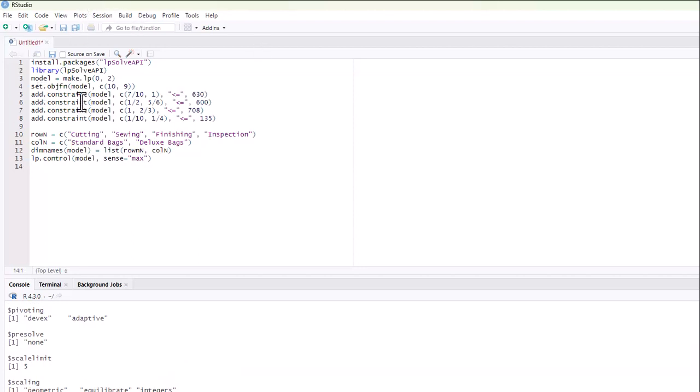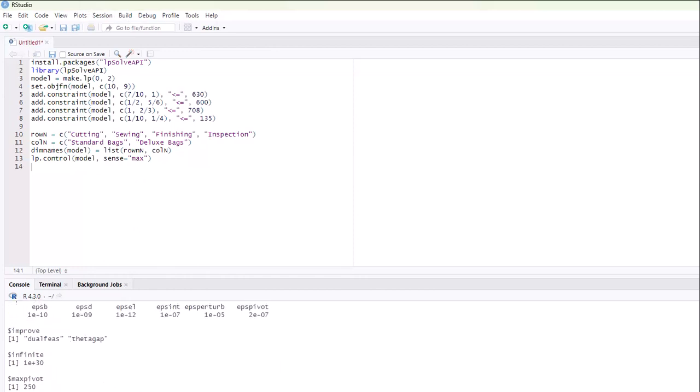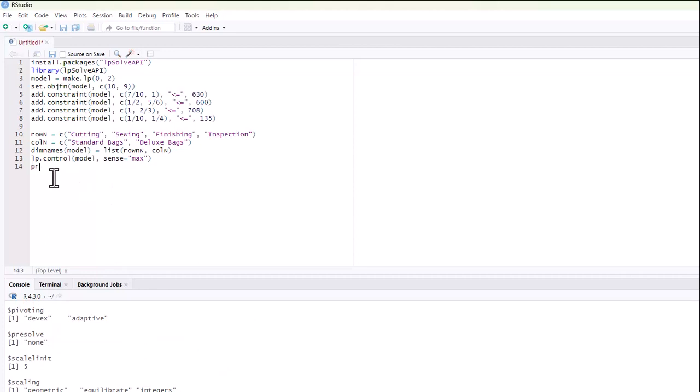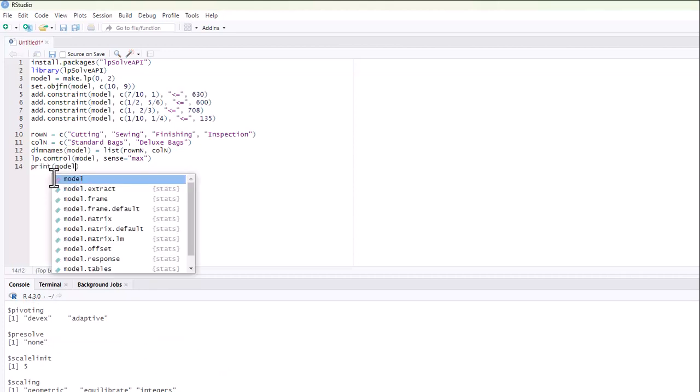Okay, so here it is. Let's print our problem, print model.